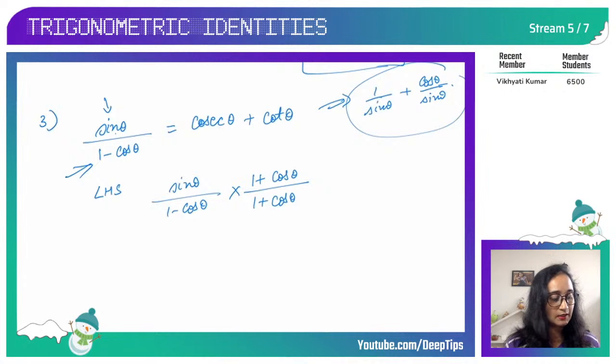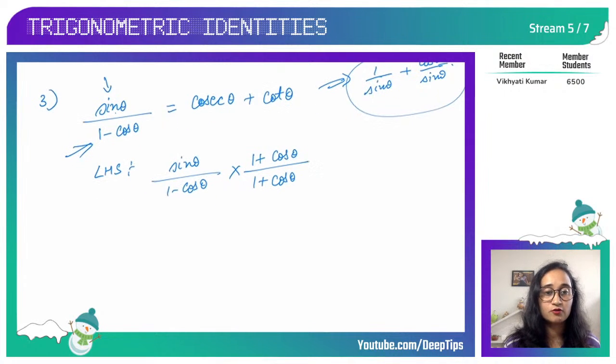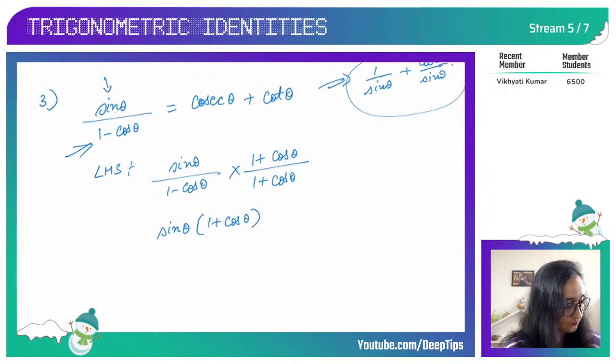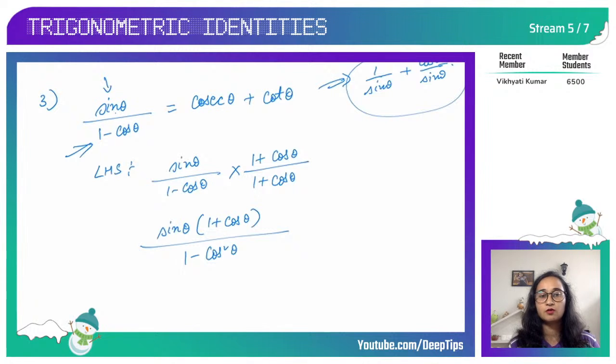Now in the next step I can continue solving. So what would I do now? Sine theta into 1 plus cos theta upon 1 minus cos square theta, because I know that a plus b into a minus b gives me a square minus b square. So that's what I have done here.